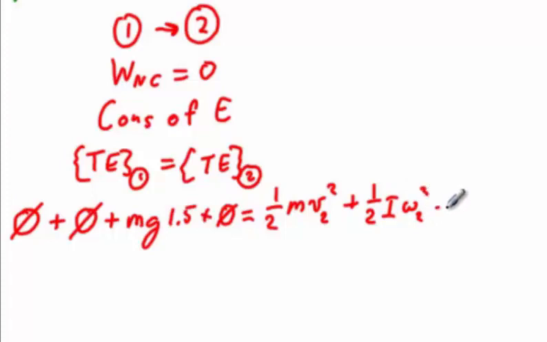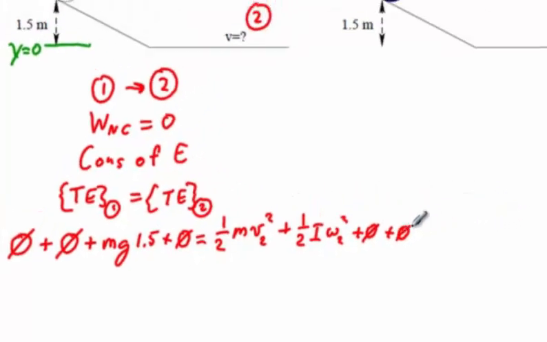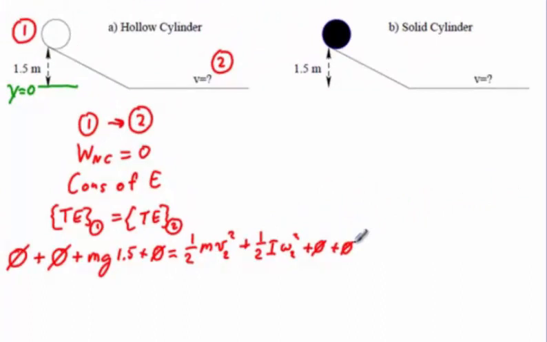However, at moment 2, we have no gravitational potential energy because we're at y equals 0, and there are still no springs in the problem. Dropping the zeros, we see the more compact form of this equation as follows. The potential energy at moment 1 is divided between two forms of kinetic energy at moment 2, translational and rotational.